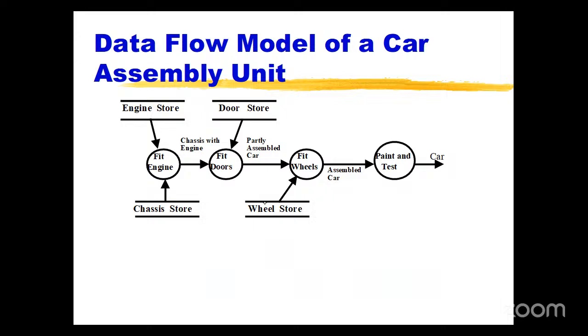Okay. So here you can see the data flow diagram for a car assembly unit. Previously we have seen the control flow diagram of the same car example. Now we are seeing the data flow, how the data is flowing from one phase to the other phase. So what is our first step? Engine store, we are going and visiting. Then we are visiting your chassis store.